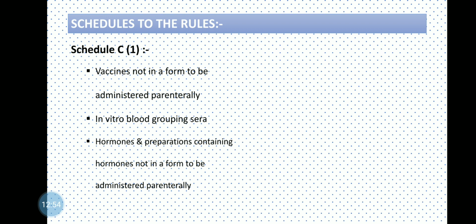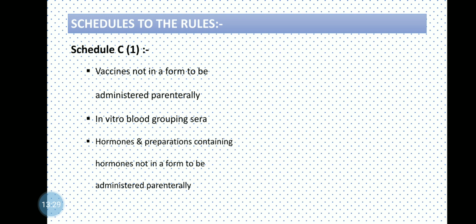Example, vaccine not in a form to be administered parenterally. In vitro blood grouping sera. In vitro blood grouping sera means in your first year you have performed one of the important practicals in your human anatomy and physiology, that is determination of blood group. In determination of blood group you have used three reagents. तुम्ही ब्लड ग्रुप ज्यावेळेस डिटरमाइन केले HAP लॅबमध्ये त्यावेळेस तुम्ही तीन केमिकल्स यूज केले होते.